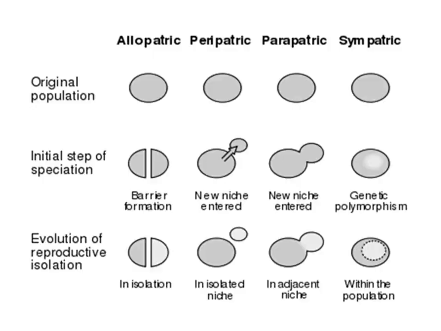Now how can we differentiate these four types of natural speciation, that is allopatric, peripatric, parapatric and sympatric? Now see, the original population is the same in all these cases. The initial step in allopatric is the barrier. There is a barrier which is developed, that is geographical isolation, and as a result two different species are formed.